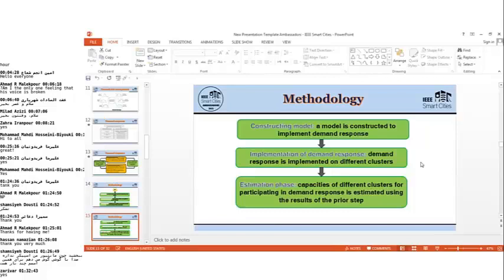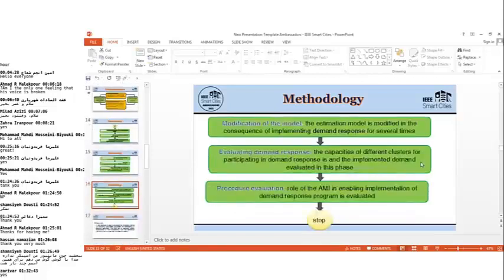Okay. In the next slide, as mentioned, modification of the model is performed, in which the estimation model is modified as a consequence of implementing demand response several times. After implementing demand response the first time, we have a sense of different clusters' capacity for affecting peak shaving, or peak reducing, across the grid.